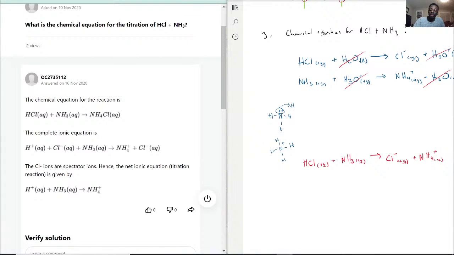So HCl by itself dissociates to H plus and Cl minus, and then H plus plus Cl minus plus NH3 turns into NH4 plus.